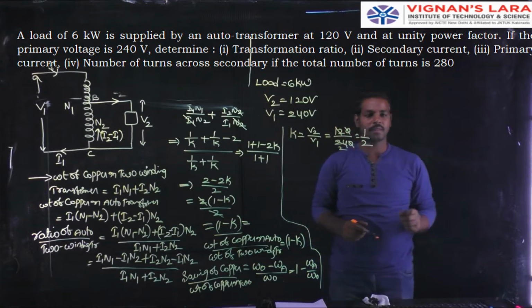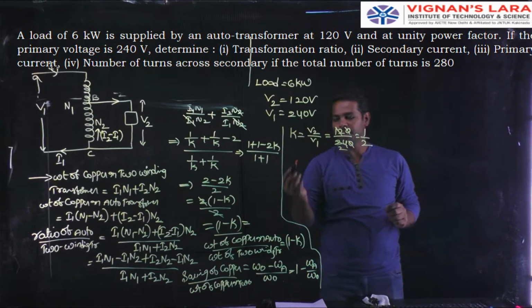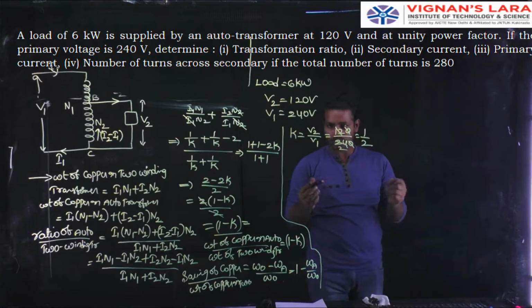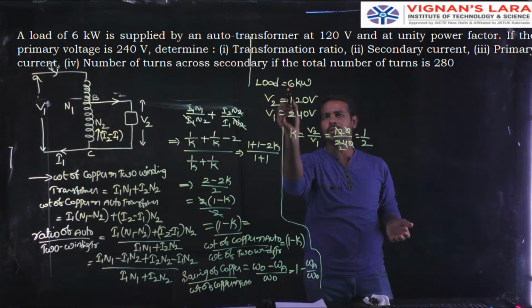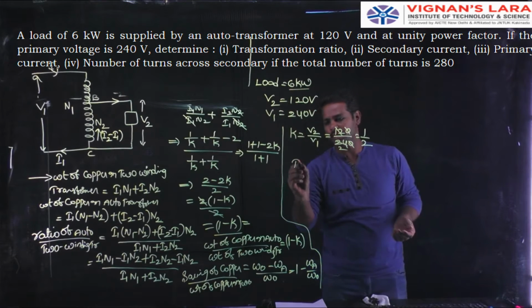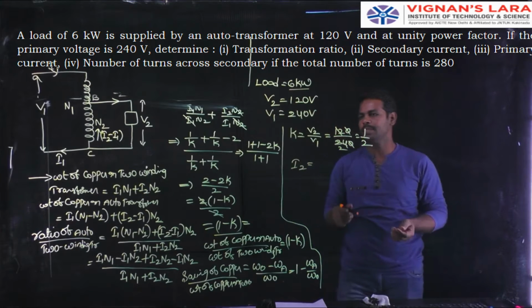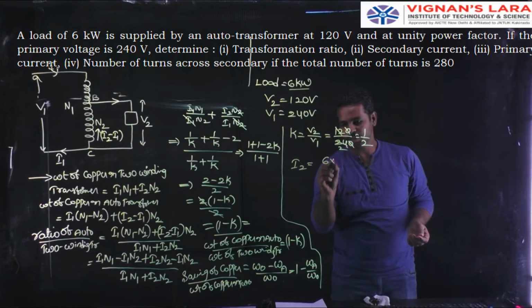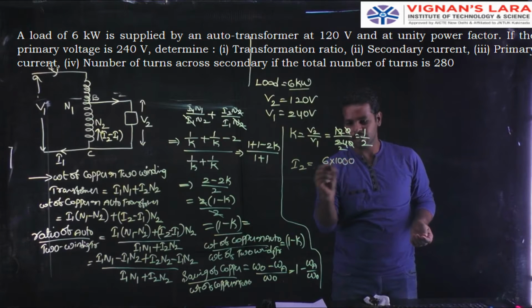So next is the secondary current. To find the secondary current, or load current, the load is 6 kilowatts. I2 is equal to output divided by voltage, so 6 into 1000 divided by V2 into cos phi.